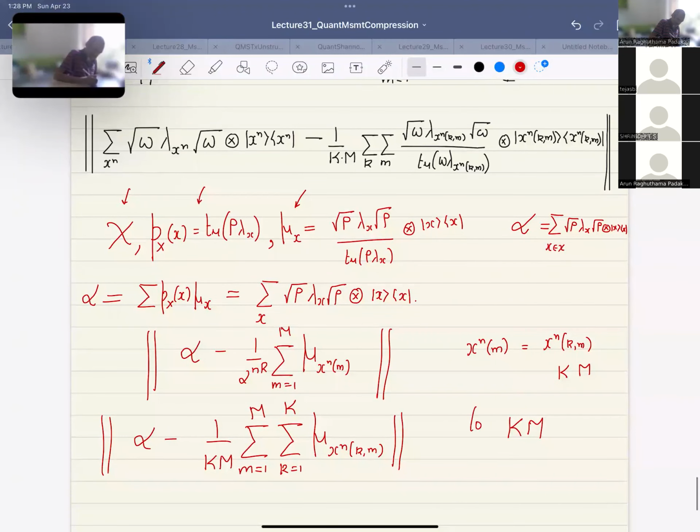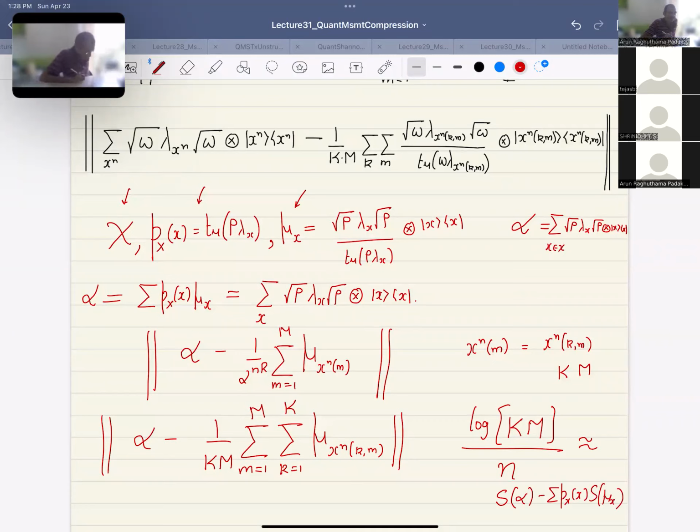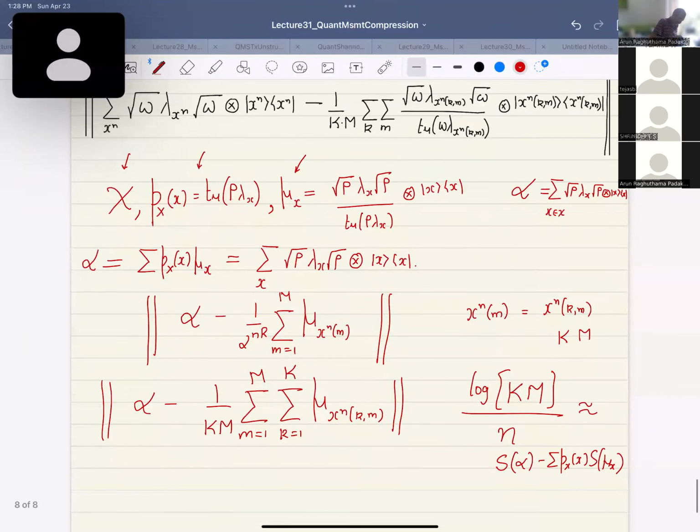If I take the log of that, log KM, I get nR, divide by n, I'm going to get R. So if this is of the order S of alpha minus p_x of S of mu_x, do you guys agree? Yes. Yeah. Okay, great. That's all this is.